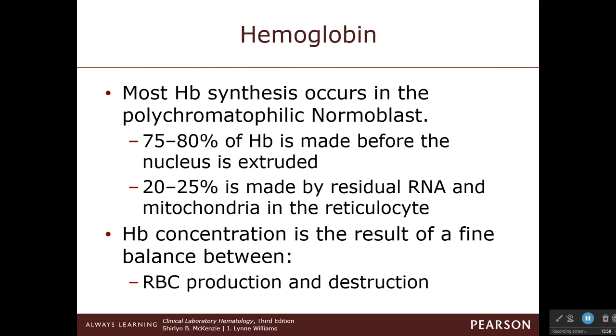Alright, hemoglobin. Okay, there is one heme molecule and two globin chains in hemoglobin. Alright, hemoglobin is kind of shaped like this. Now, there's a picture in your book in just a minute.